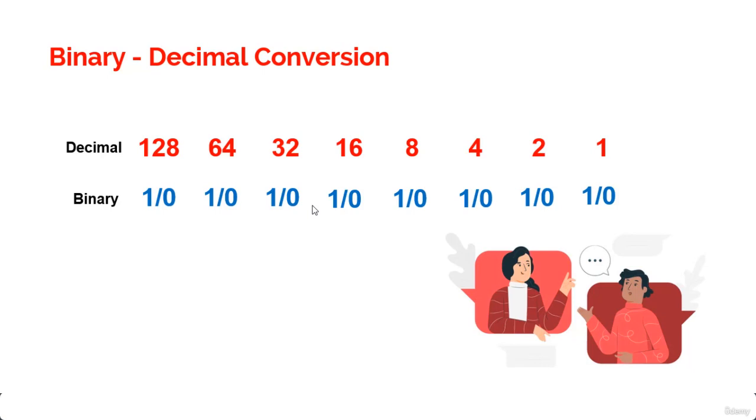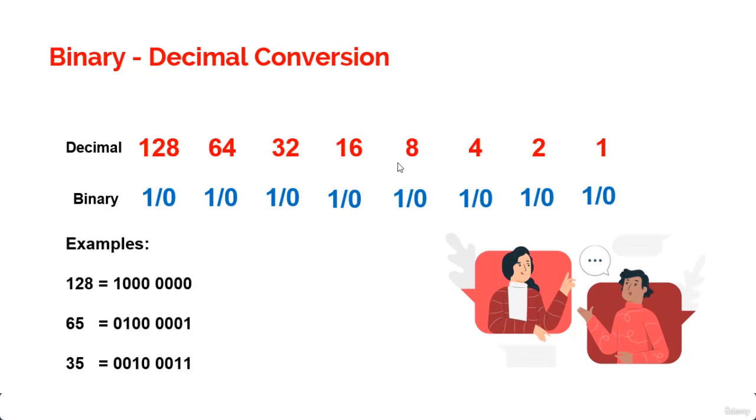Now, how to count the value? If this digit is 1, then we take its value in addition. Let's have a look at some examples. What is 128? 128 is represented by a 1 in this spot and 0 in every other digit.